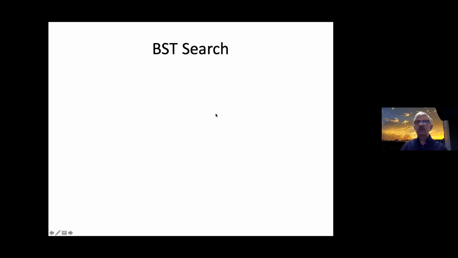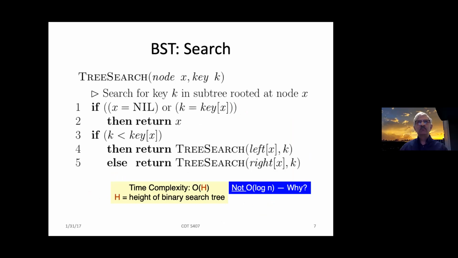So if you go back to this function here, when we first call this recursive function, we're going to set x to be the root of the tree, and we're going to start the search for whatever key value we want.